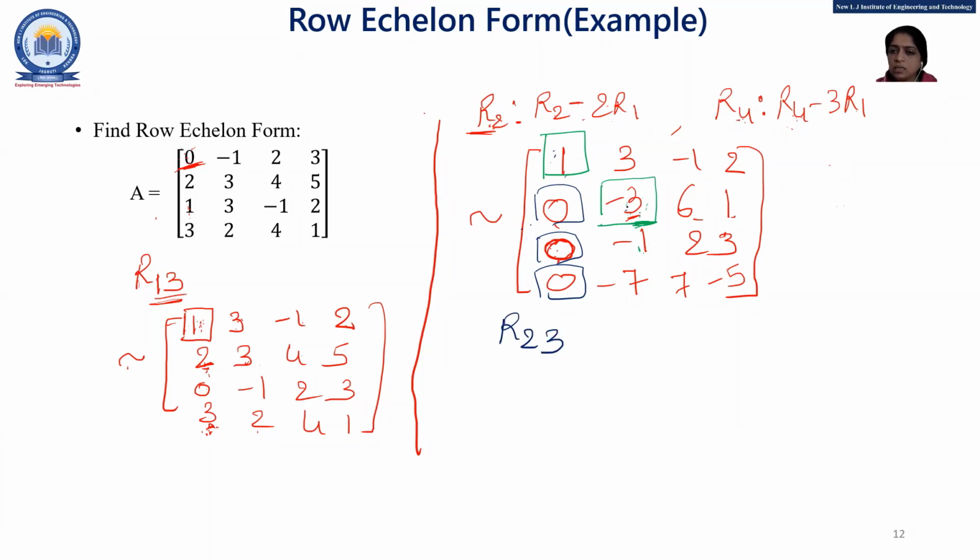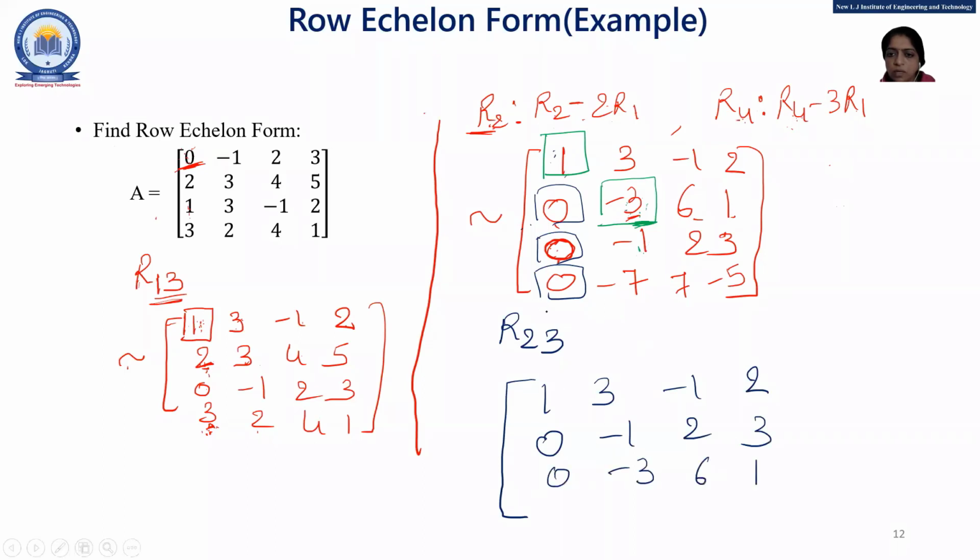R23 means I just interchange my second row with third row. So here 1, 3, -1, 2. By interchanging, here 0, -1, 2, 3. This is 0, -3, 6, 1. And last is keep it same, -7, 7 and -5.